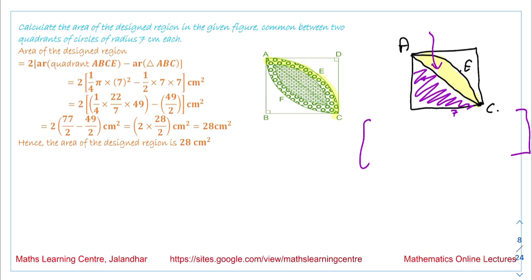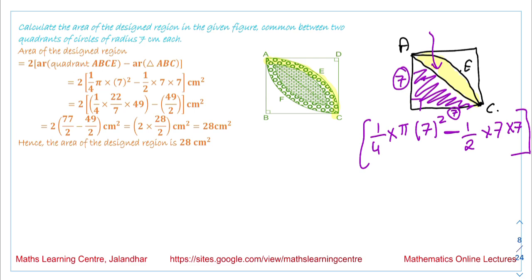So the area of the sector is 1/4 of the circle, so it is 1 by 4 into pi into radius of the circle, 7 square. This is the area of the sector, and we are subtracting from it the triangle. This is a 90-degree angle over here, so the area of this triangle will be half, base is 7 and height is 7.